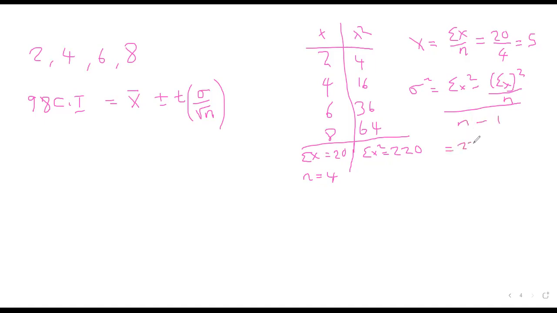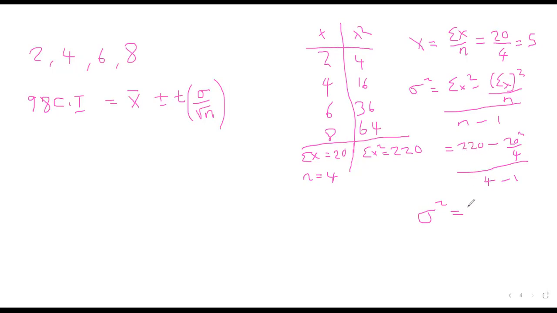This is 120 minus 20 squared over n, which is 4, everything over n minus 1. So our variance at this point becomes 120 minus 100, because 20 times 20 over 4 is 100.